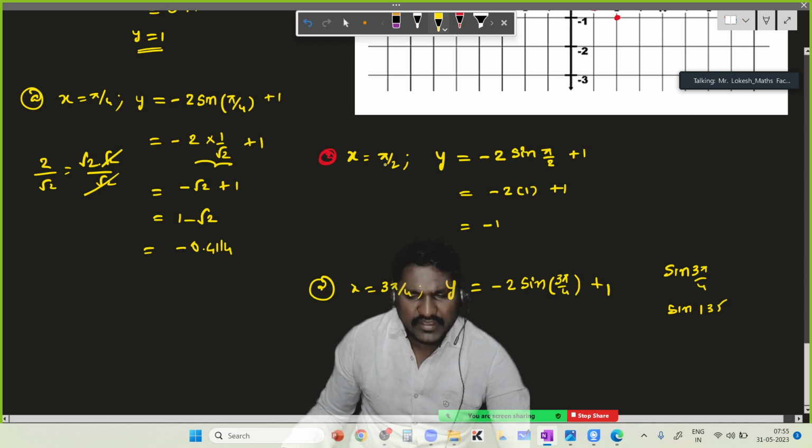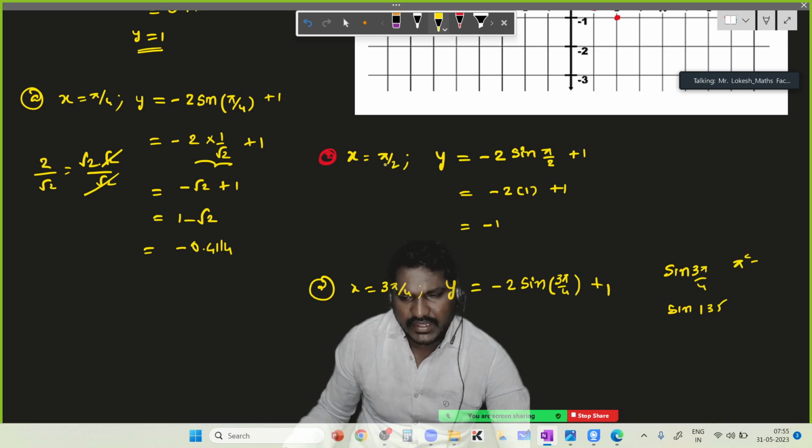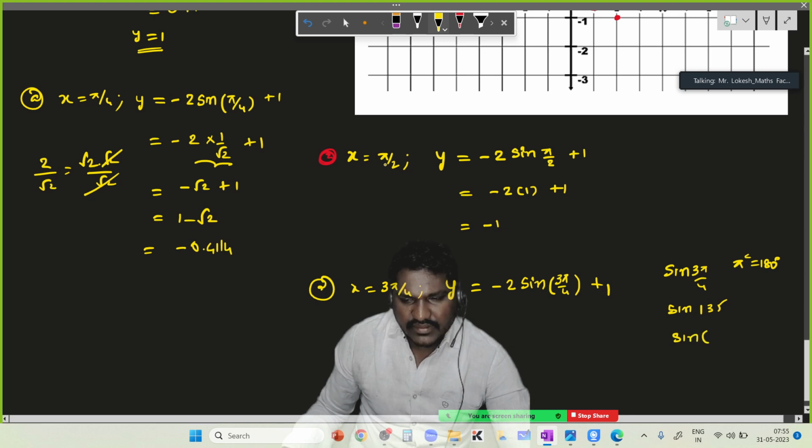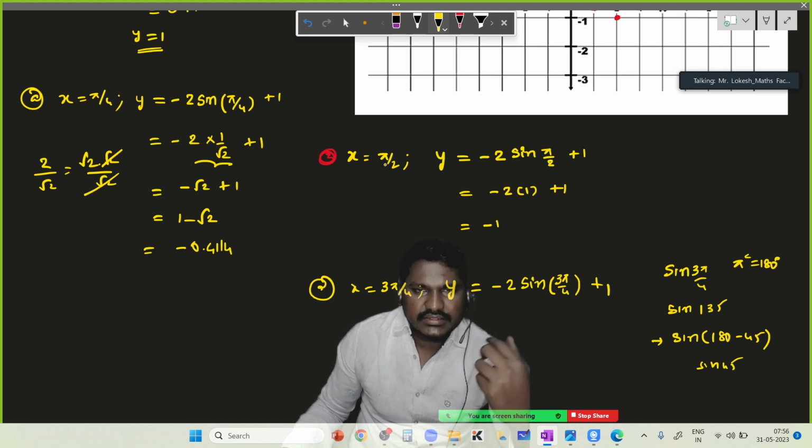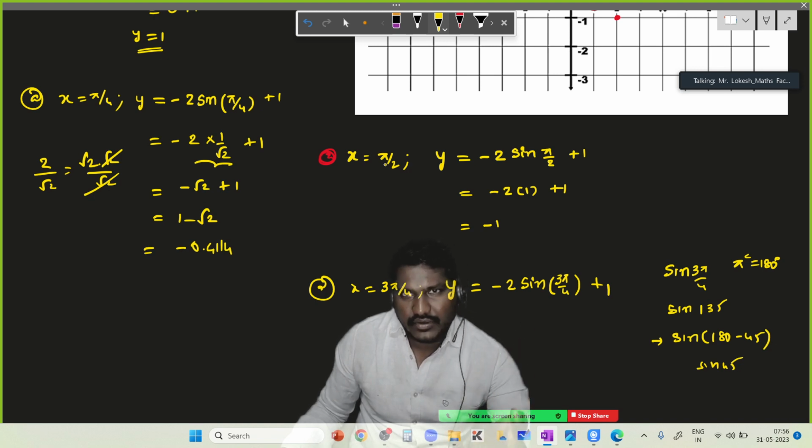You can replace the pi value with 180, because we know that pi radians is equal to 180 degrees, so we'll get sine 135, and sine 135 is same as sine 180 minus 45, so it will become sine 45. Or the best thing is you can take the help of calculator if it is allowed, or I'll tell you in a separate topic why sine 135 is also same as sine 45.